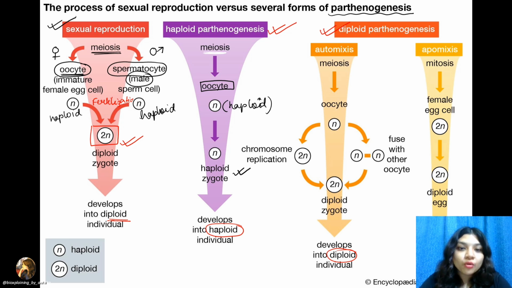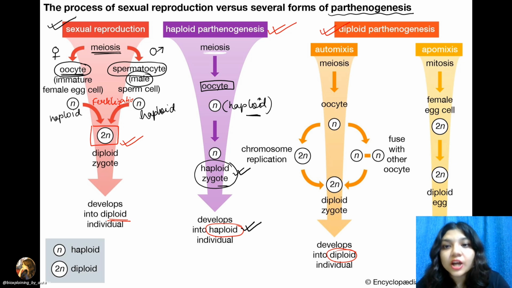There is no more meiosis happening here. Haploid oocyte will give rise to haploid zygote, and haploid zygote से entire individual भी haploid होगा, right? तो ये हो गया आपका haploid parthenogenesis. Diploid parthenogenesis में भी two types है, further two types है.